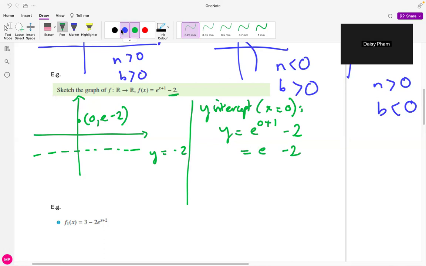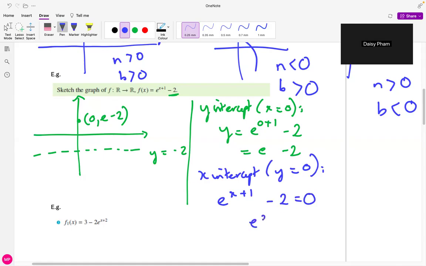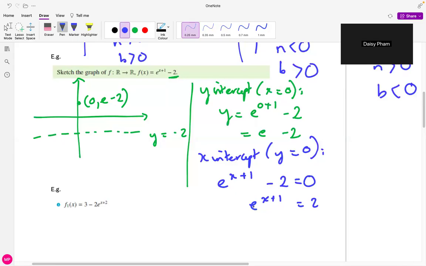All right. Then I'm going to find the x-intercept. To find the x-intercept, I let y equal 0. So I have a to the power of x plus 1, minus 2, equals 0. Then I move the 2 over, a to the power of x plus 1 equals 2. Now to solve for x, I need to get rid of a, and the opposite of exponential is log.